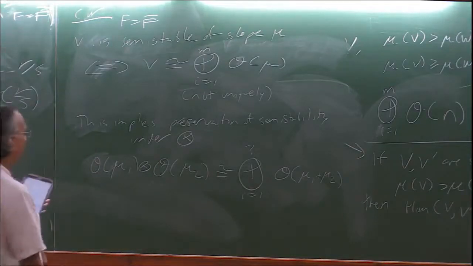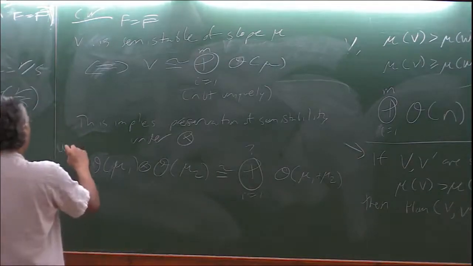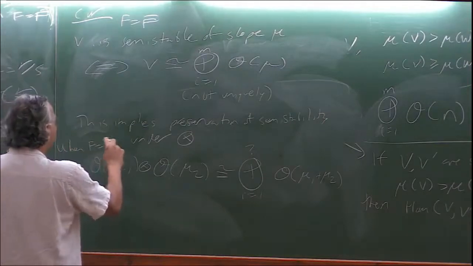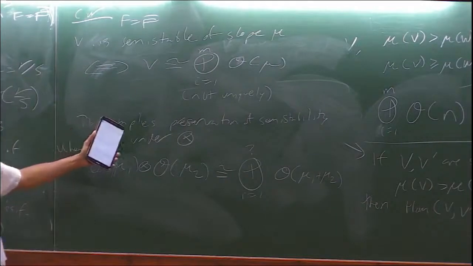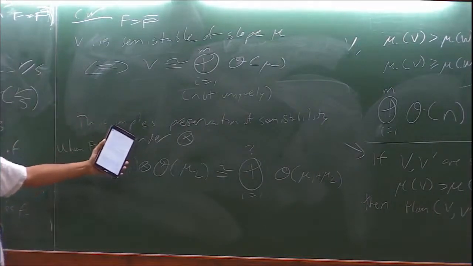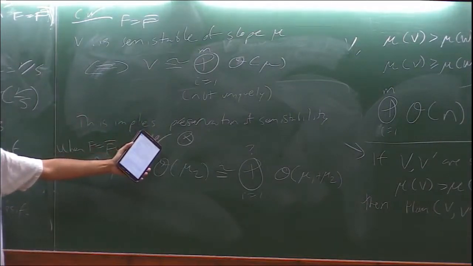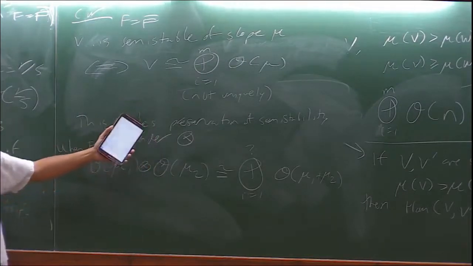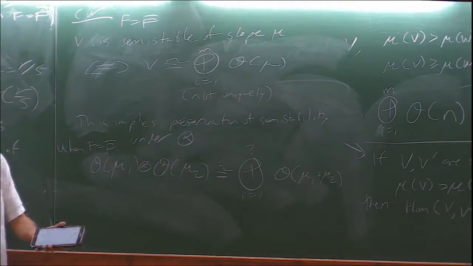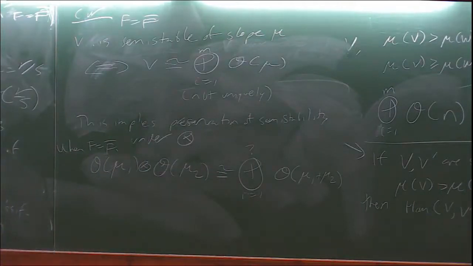Yes, when F equals F bar, let's say. In principle, you're saying this implies the preservation of semi-stability in the tensor product when F equals F bar. Yes, but it also implies that when F is not F bar, because if you start with something semi-stable, you have to check that something semi-stable stays semi-stable when you pull it back to F bar.